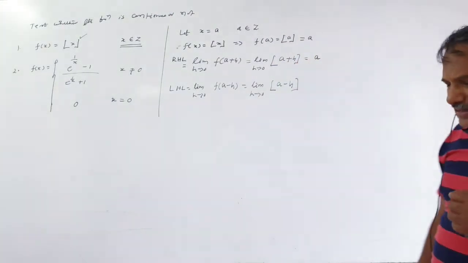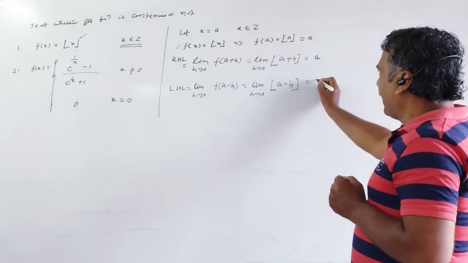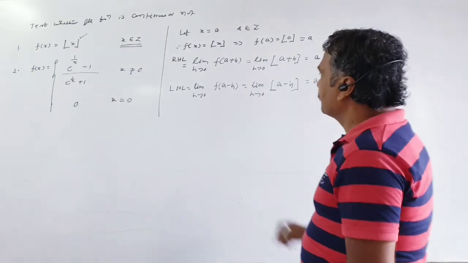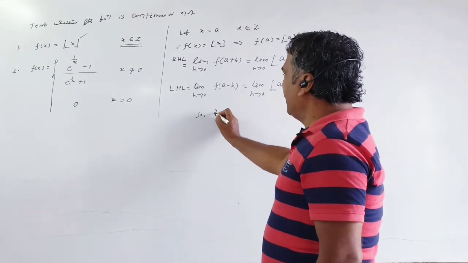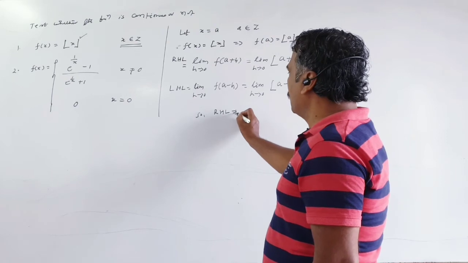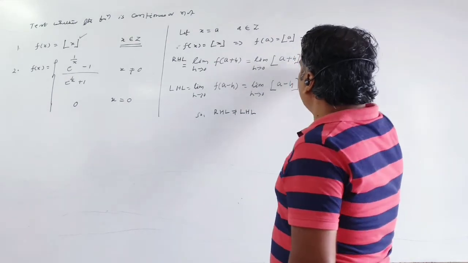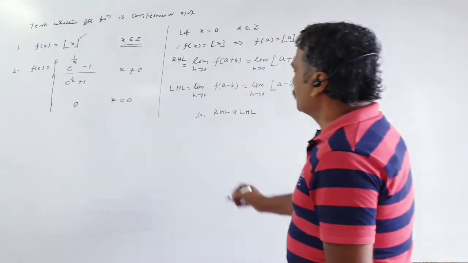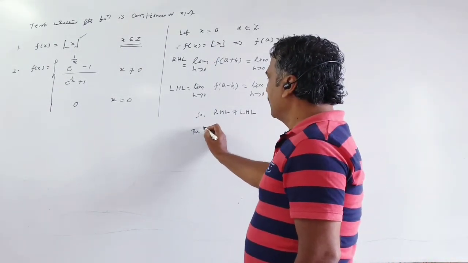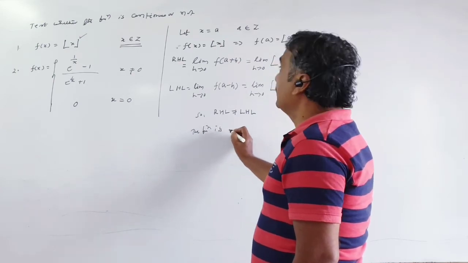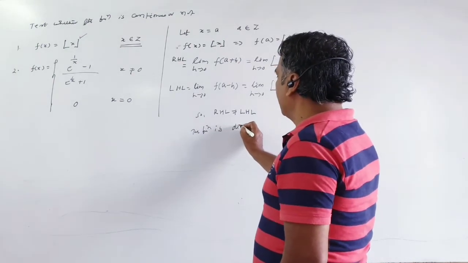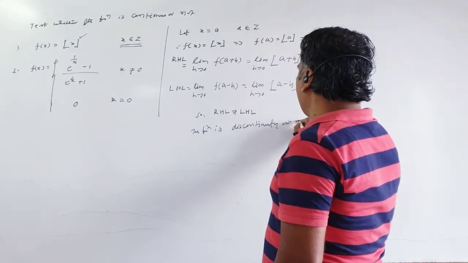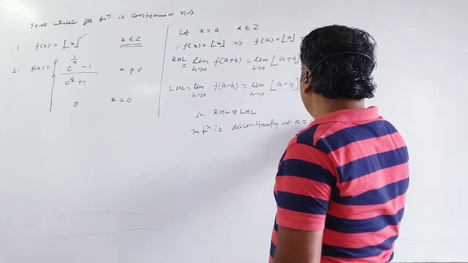What is the greatest integer of a minus x? Equal to a minus 1. Okay. So right hand limit is not equal to left hand limit, because here it is a minus 1. So that means the function has discontinuity at x equal to a, where a belongs to integers.